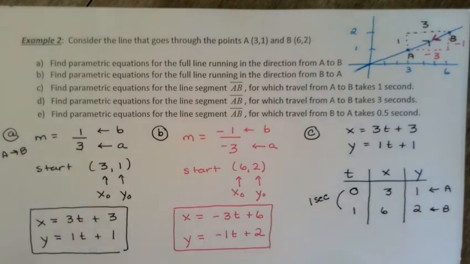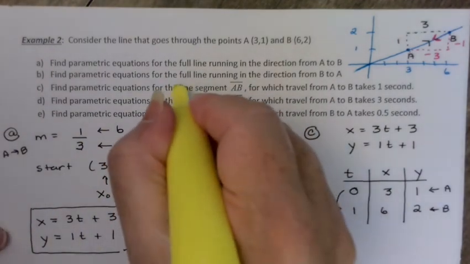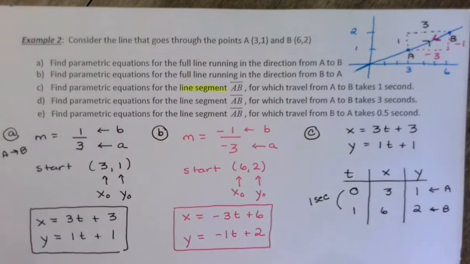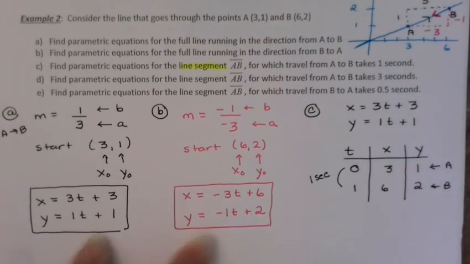The only thing is, notice this time I specifically wanted not the full line, but just the line segment. So the way we deal with that is just by restricting our t values. In these first two, we were essentially letting the t values be anything. Although we didn't explicitly state it, we were kind of under the assumption that t could be anything from -infinity to infinity.